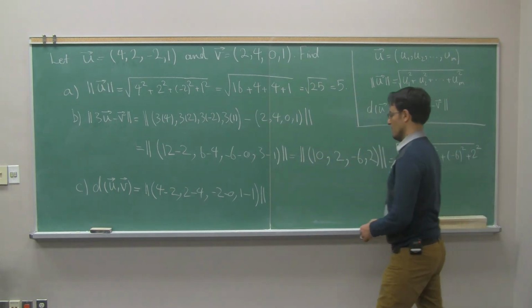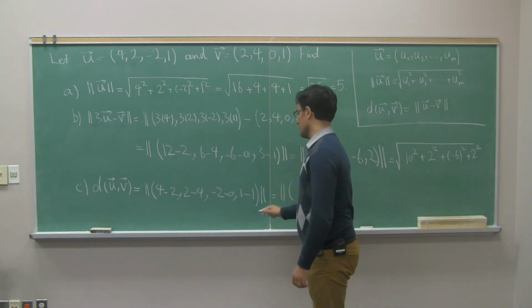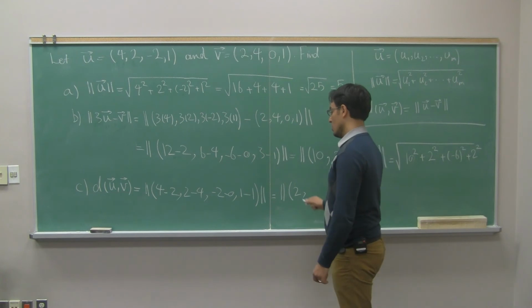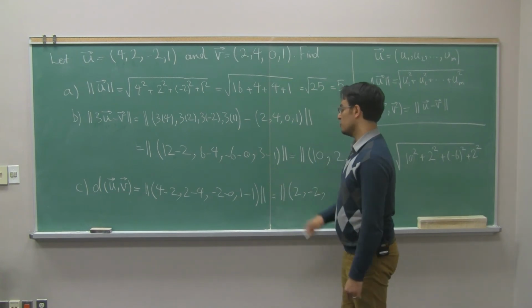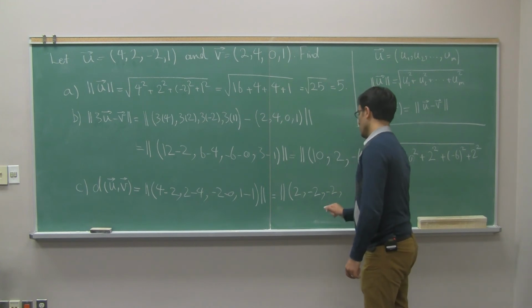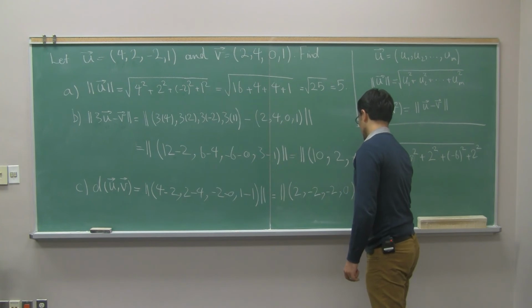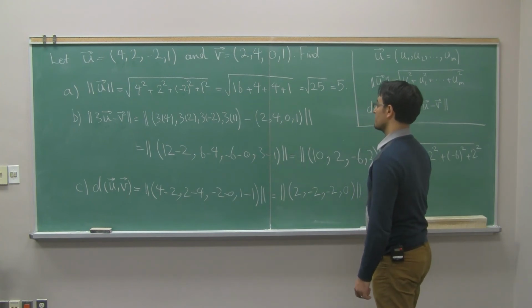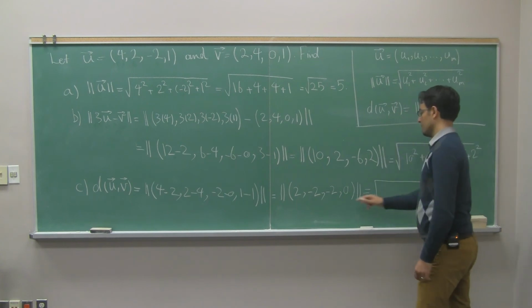Okay. Then the components are ready. 4 minus 2 is 2. 2 minus 4 is negative 2. Negative 2 minus 0 is negative 2. And 1 minus 1 is 0. And then, yes, I can now find the length, because I have each component.